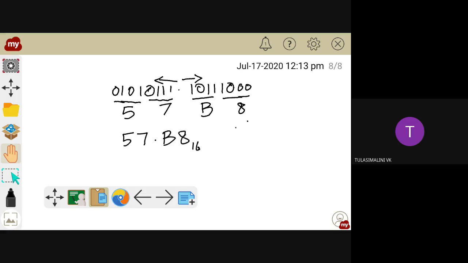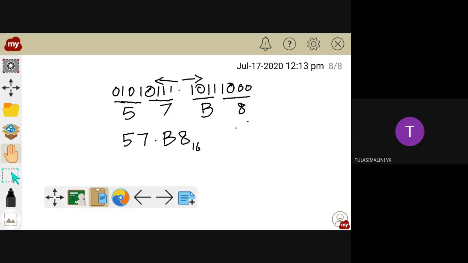So for a binary number, you divide it into groups of 4 bits and write the equivalent digit for each, and you get the hexadecimal value. For binary to octal conversion, you divide into groups of 3 because the octal base is 8, so 3 bits are required to represent 8 digits.